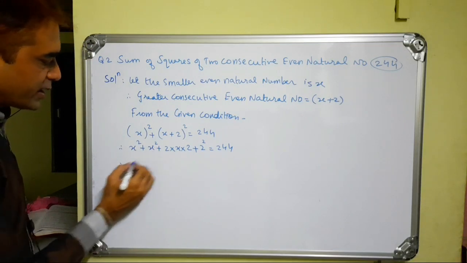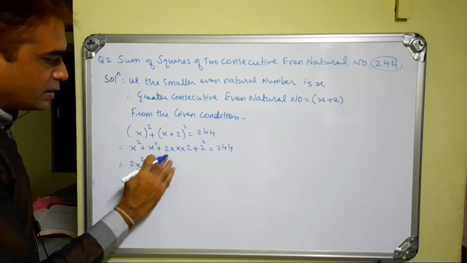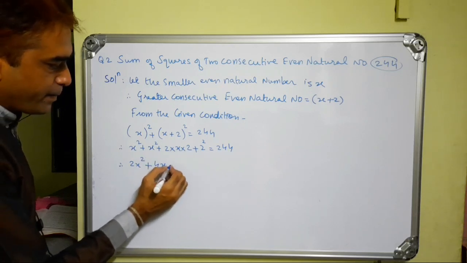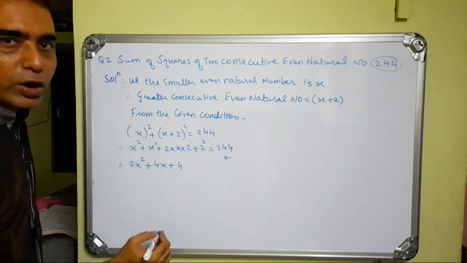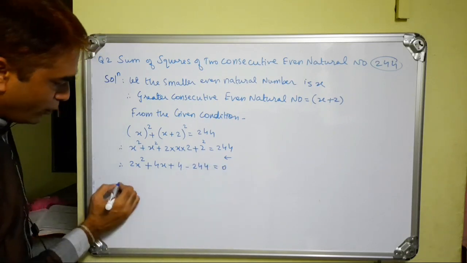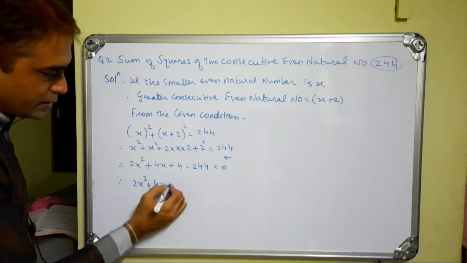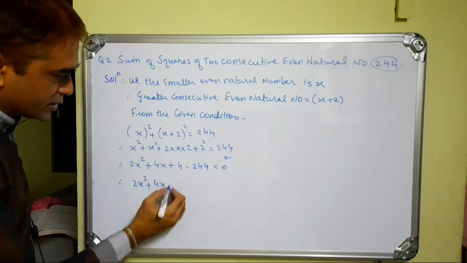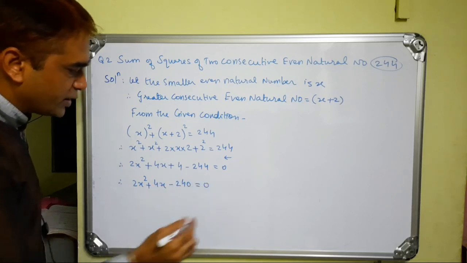Therefore x square plus x square, that is 2x square, plus 4x plus 2 square is 4, and we will bring 244 to the left side. So minus 244 equals 0. Therefore 2x square plus 4x minus 240 equals 0.